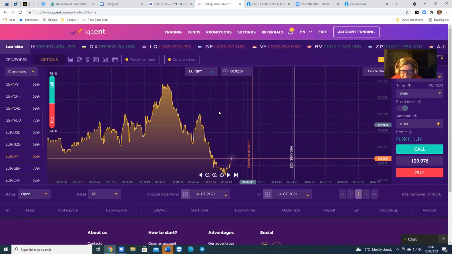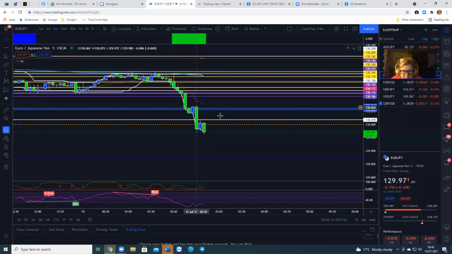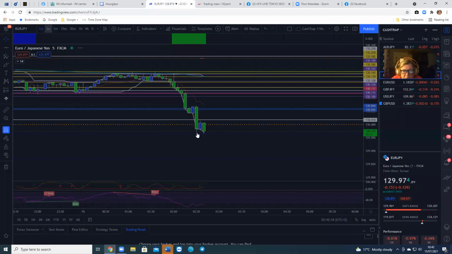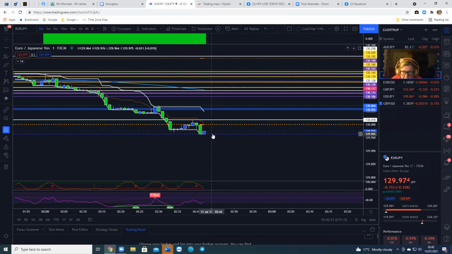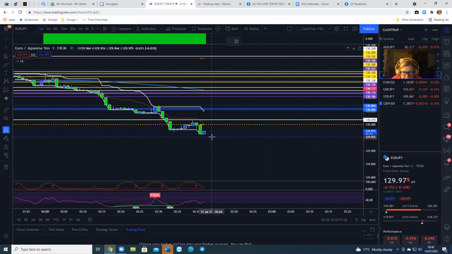Let's see what we get if we get a retrace back for the 45 minute mark. 963. This is what I'm looking for. See how far it gets back up to here.